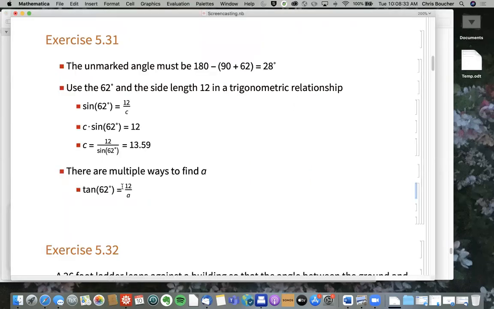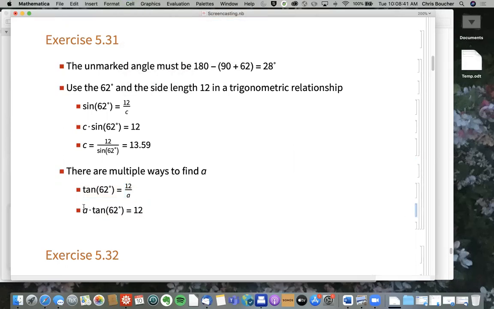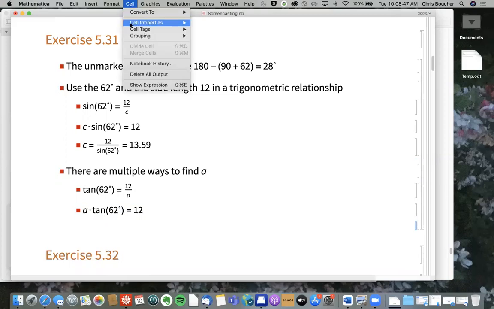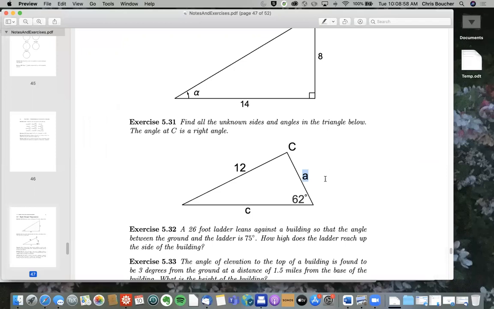So that gives me this equation: tangent of 62 is 12 divided by A, and again, I can solve for A. I'll multiply both sides by A first, and I get that. This tangent of 62 degrees is just some number, so I'll divide both sides by that number, and I get 12 divided by the tangent of 62 degrees. On my calculator, that comes out to be 6.38, and that looks reasonable.